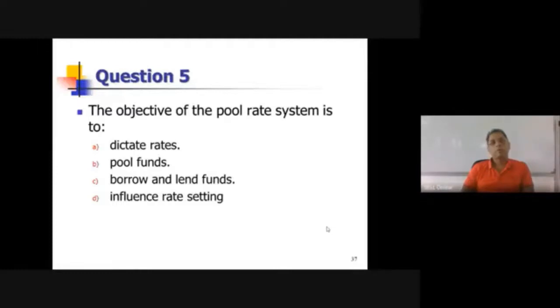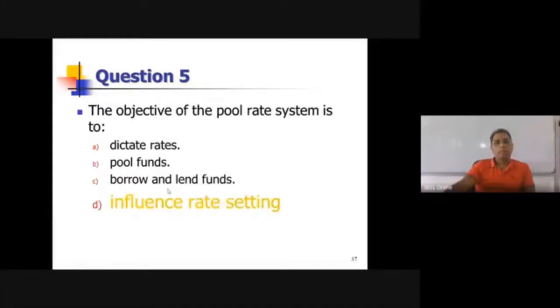What is the objective of the pool? Dictate rates. Okay. Anybody else? Why is there a pool rate? Okay, we'll go with that.